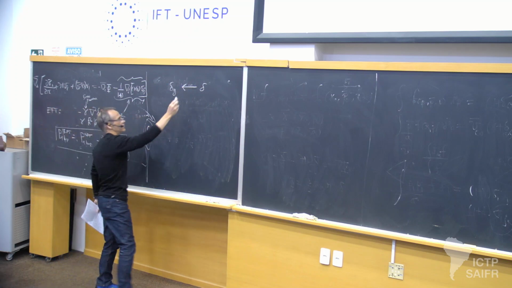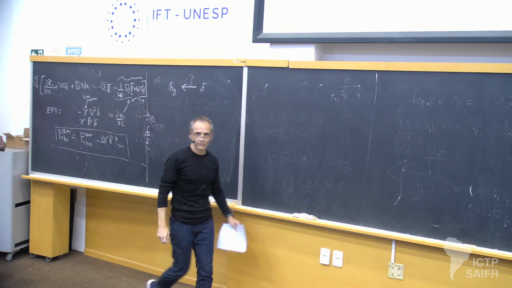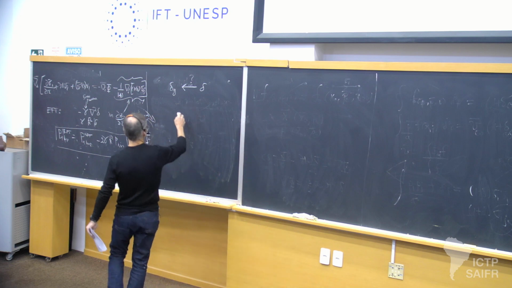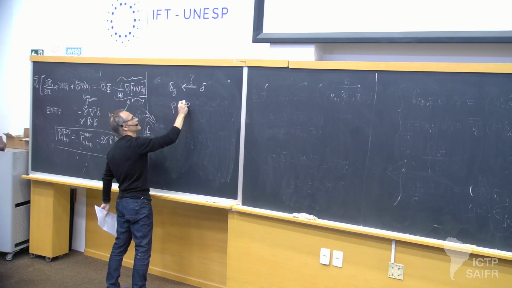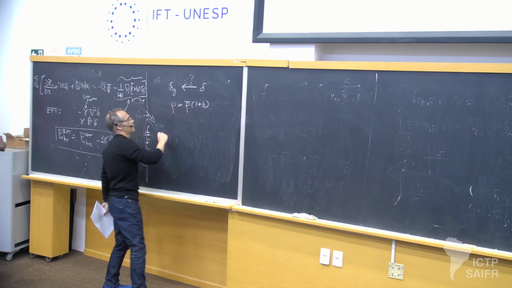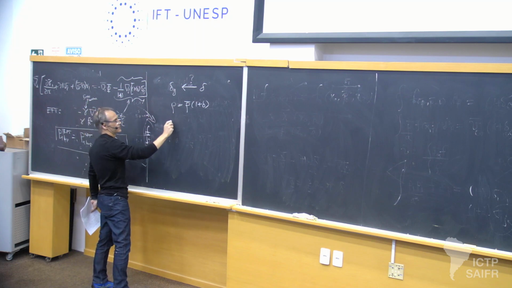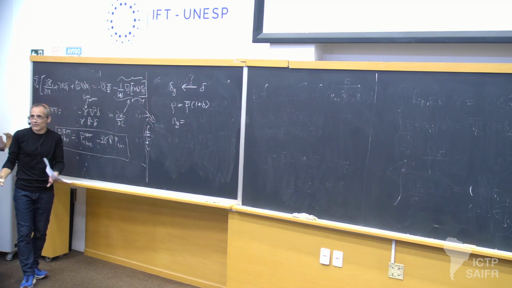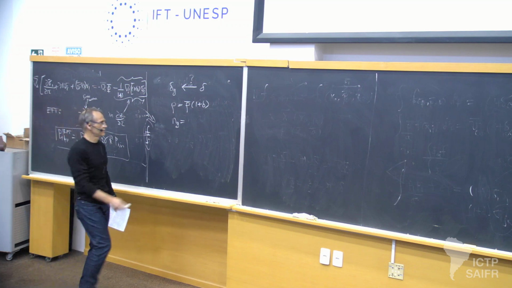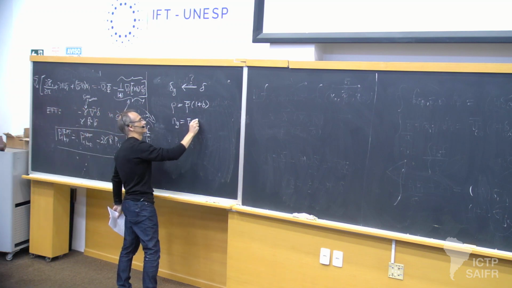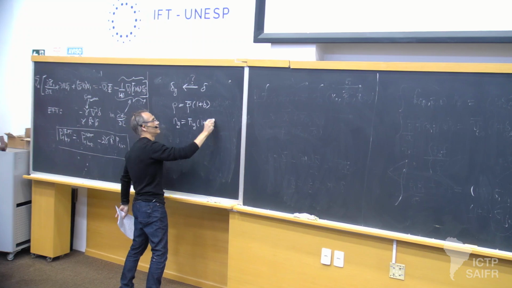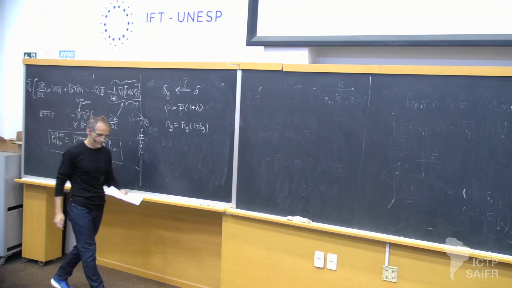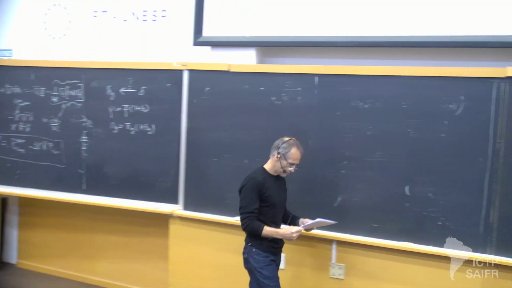What is the relationship between matter fluctuations and galaxy fluctuations, okay? So remember, the way we define density fluctuations, we say the density is the mean density times 1 plus delta. Once we are talking about discrete objects like galaxies, we have typically a number density instead of a mass density. So it will be, again, mean density times the galaxy fluctuation. So that's the definition of delta G, okay?